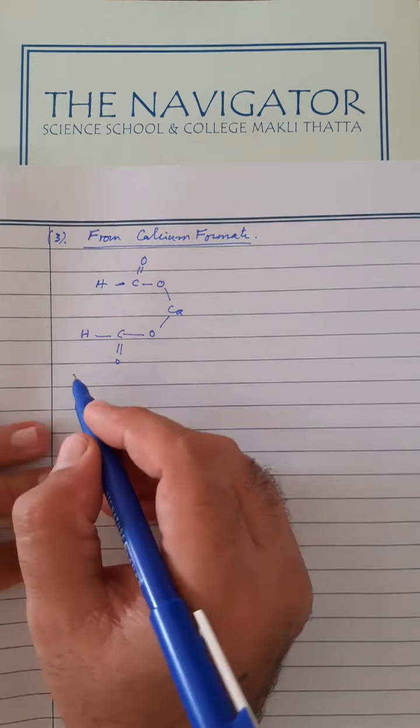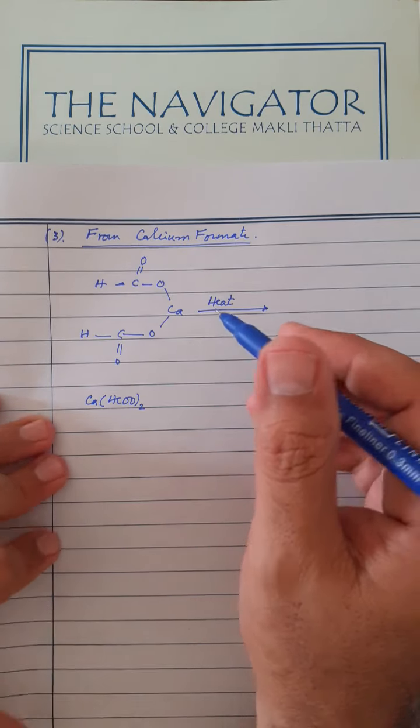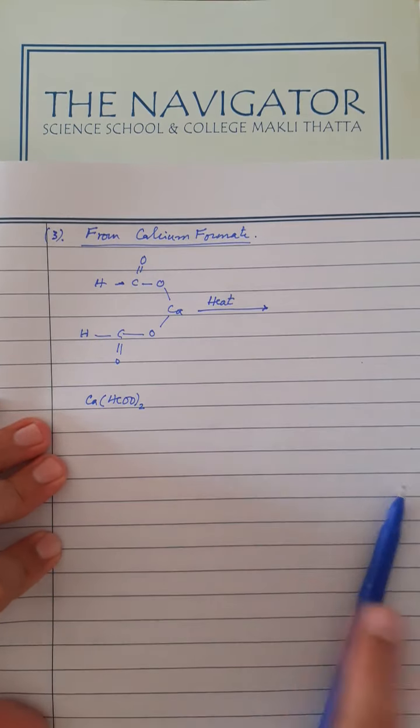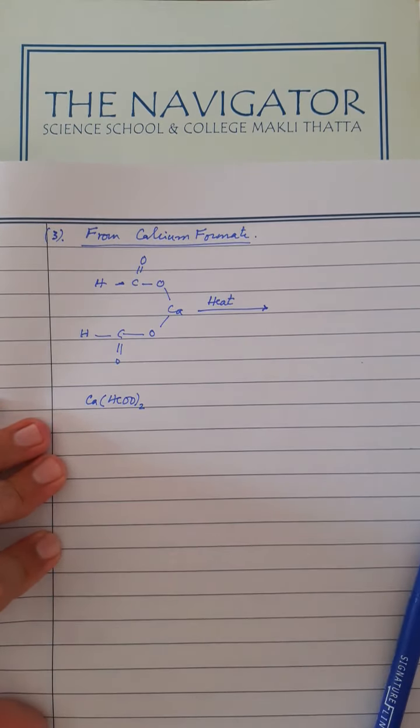If we heat this compound in absence of air, it's called calcination. If we calcinate this compound, heating it at high temperature in absence of air, so if you can just focus over here, you will find that if they combine, CaCO and another O, so CaCOOO.